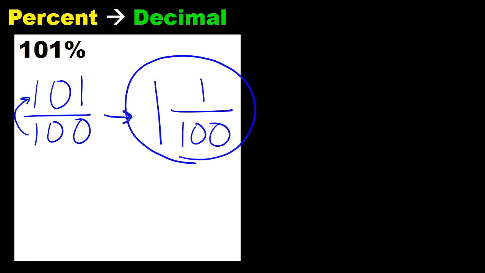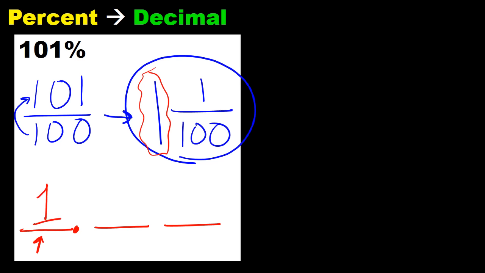My mixed number is 1 and 1/100th. If I was going to write this decimal out now, I have my decimal point, I have 2 place values, and I have the ones place now open because I have one whole. So I have one whole that's going to go in my ones place.